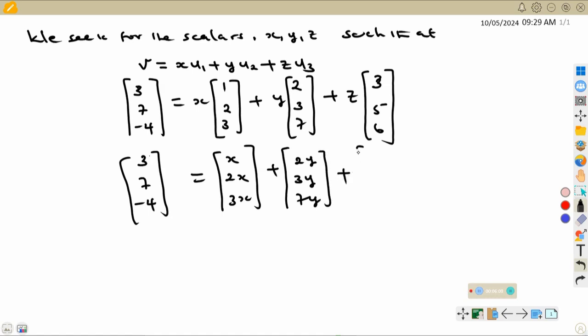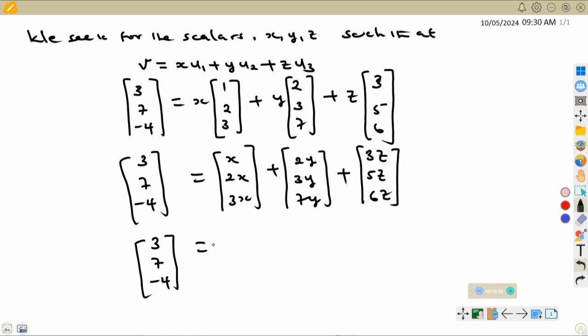We shall add there 3z, 5z, and 6z. So we can easily get this as 3, 7, negative 4, which is the same as, let us add the corresponding entries, that is x plus 2y plus 3z. This will be 2x plus 3y plus 5z.